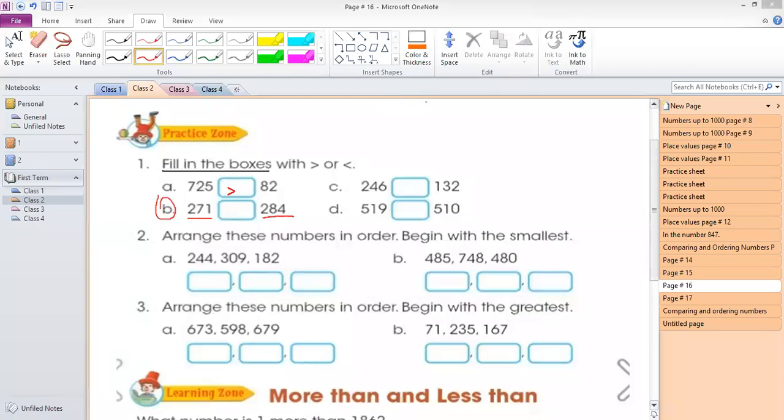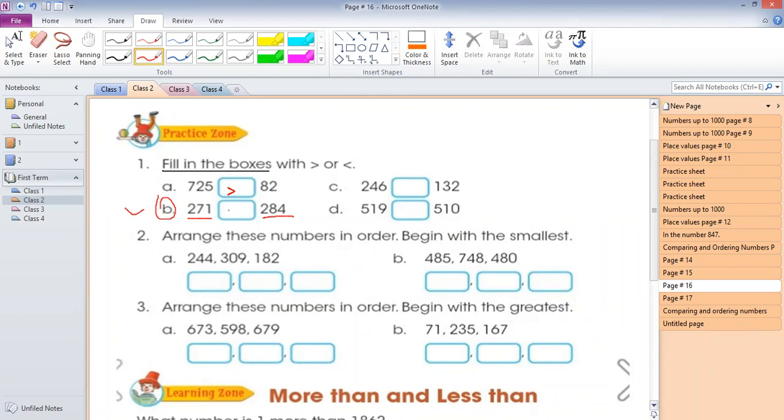I'm not asking A, I'm asking B, this one. Okay, this one. 284. It's bigger.